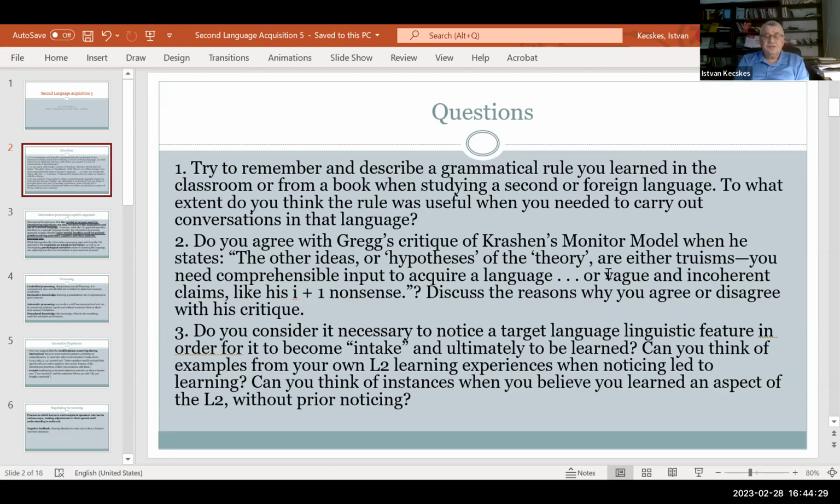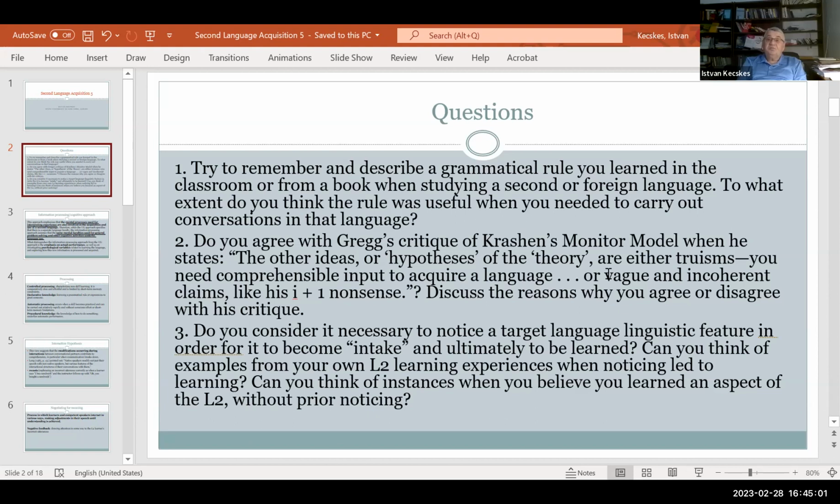But anyway, let's look at the second issue, the question that I have there. This is from the book. Do you agree with Greg's critique of Krashen's monitor model when he states, the other ideas or hypotheses of the theory are either truisms, you need comprehensible input to acquire a language, or vague and incoherent claims like his i+1 nonsense? Discuss the reasons why you agree or disagree with his critique.